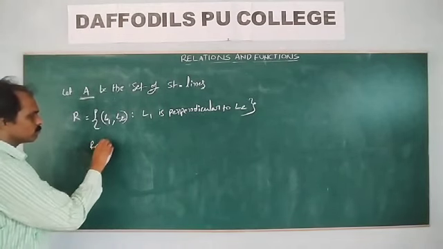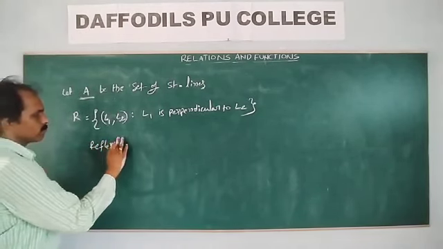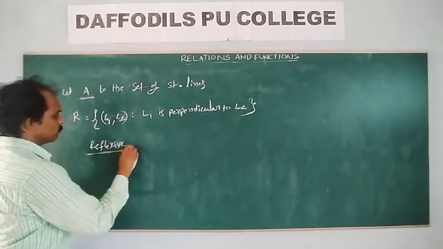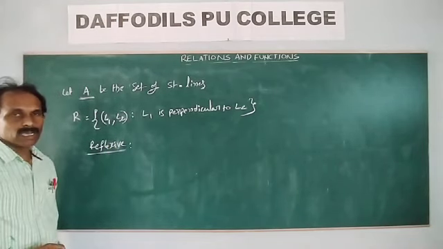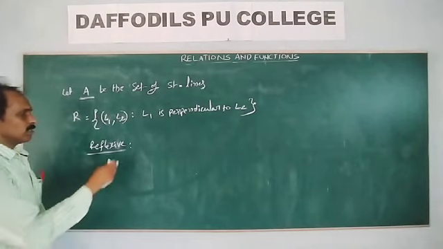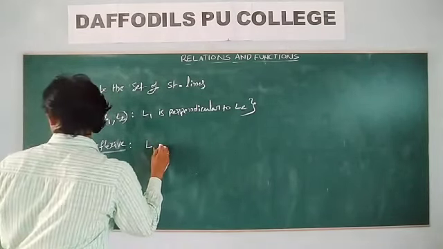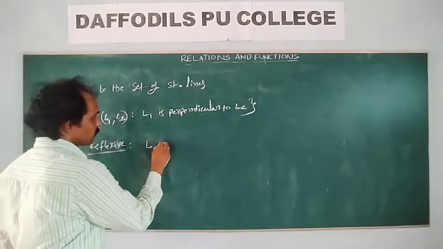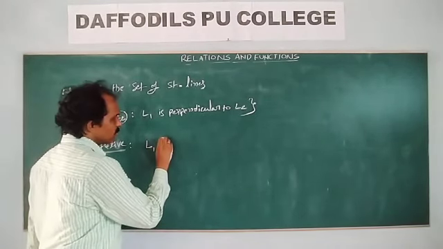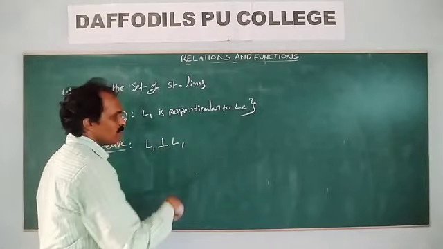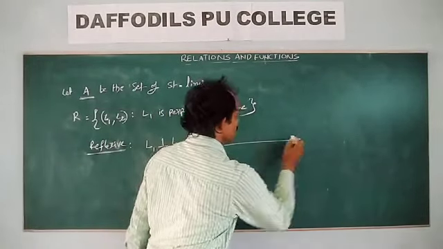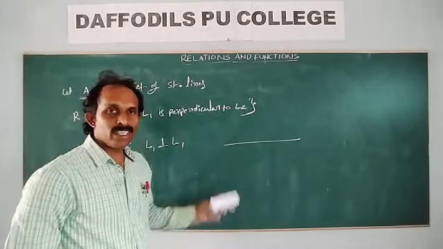Reflexive. Reflexive relation is not satisfied. That means L1 is not perpendicular to L1. Suppose this is the straight line. It is not perpendicular to itself.